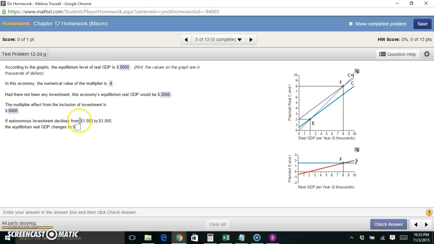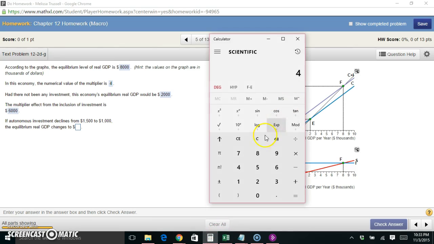So we take our change in investment, multiply it by the multiplier, and then we have our change in GDP. So I know that investment changed from 1,500 to 1,000. So the change in investment, I'll pull up my calculator here to do this, is my 1,000 minus 1,500. That's my change in investment.